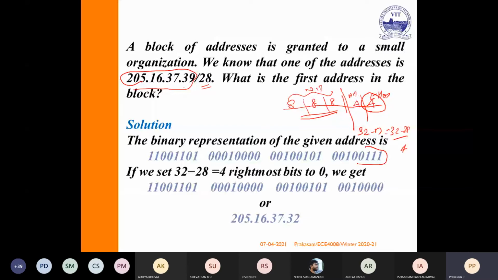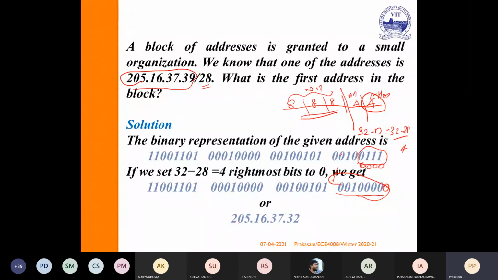Now convert this into dotted decimal. The rightmost field is 205, 16, 37, and the decimal equivalent for the last field is 32.